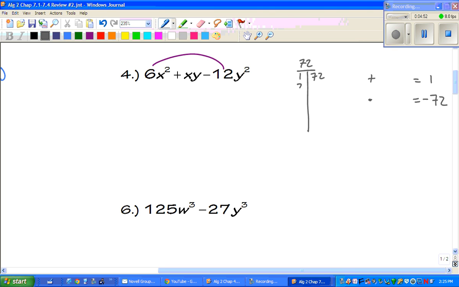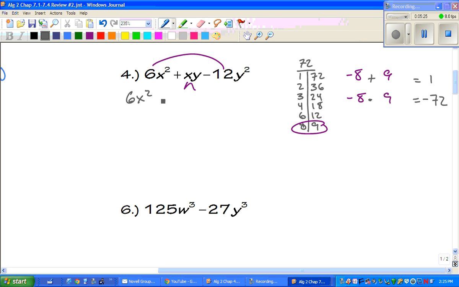So 1 and 72, 2 and 36, 3 and 24, 4 and I believe it's 18. Yeah, 4 and 18, no 5, 6 and 12, and then 8 and 9. Okay? And the combination that's going to work here is negative 8 and positive 9.